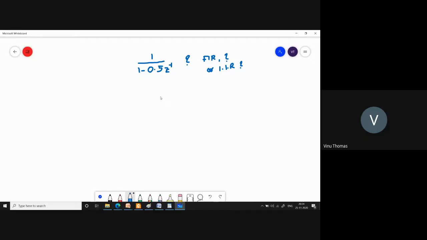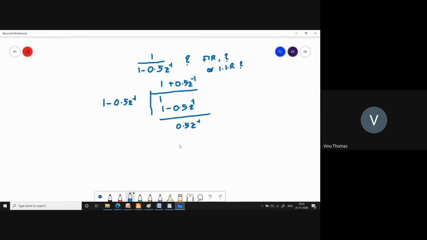Let us try to establish that it's an IIR filter. For that, what we'll do is divide 1 by 1 minus 0.5 z raised to minus 1. If you divide this, I will write this as 1 minus 0.5 z raised to minus 1. What I have here is plus 0.5 z raised to minus 1, so I have to multiply this by plus 0.5 z raised to minus 1.